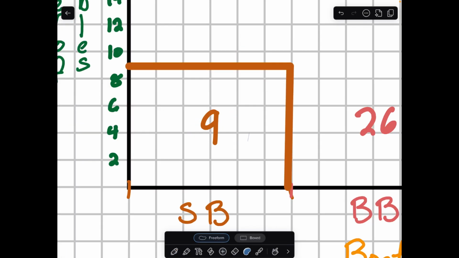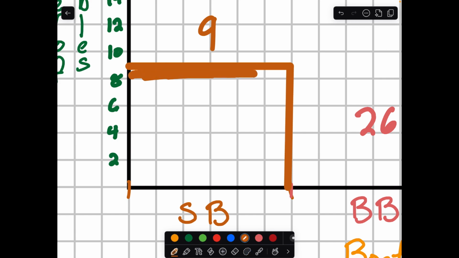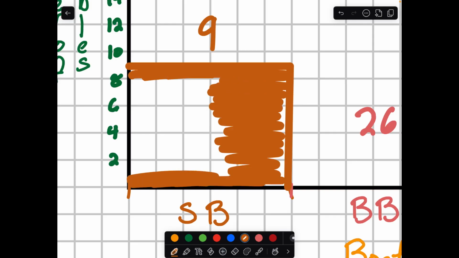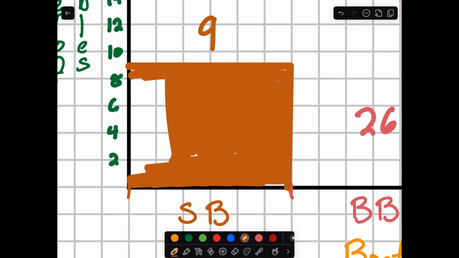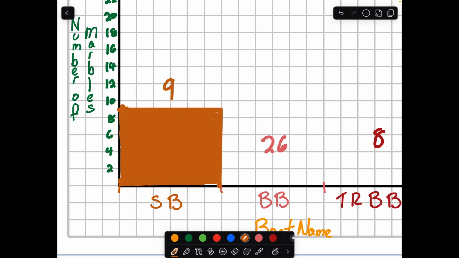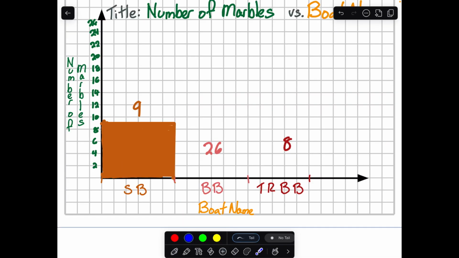I can be fancy and put the number 9 up here and tell the viewer exactly the number of marbles so they don't have to guess. And I'll fill this in this color. I know that this bar represents the number 9 because it is 9 high here.